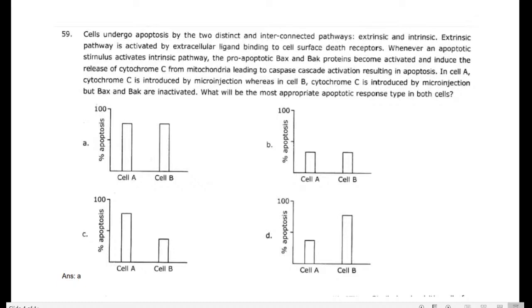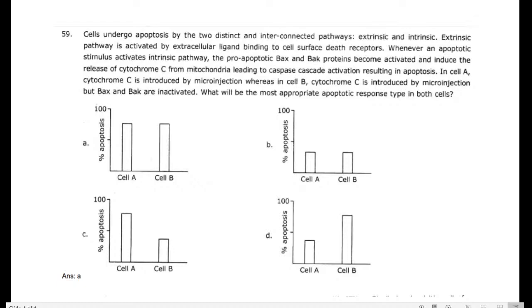Whenever an apoptotic stimulus activates the intrinsic pathway, the pro-apoptotic BAX and BAK proteins become activated and induce the release of cytochrome C from mitochondria, leading to caspase cascade activation resulting in apoptosis.